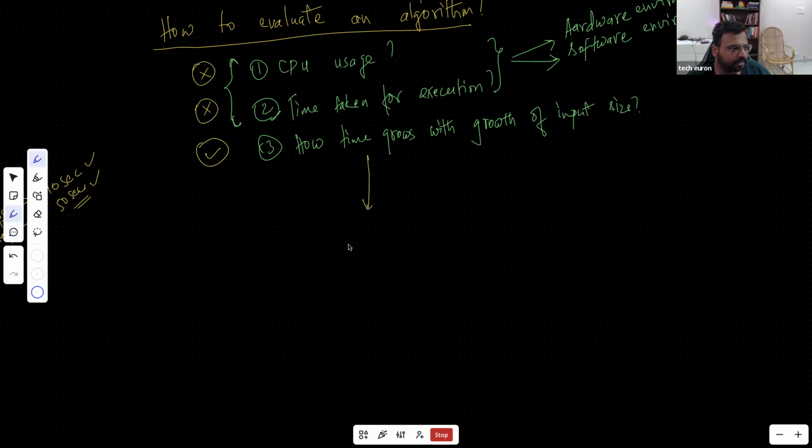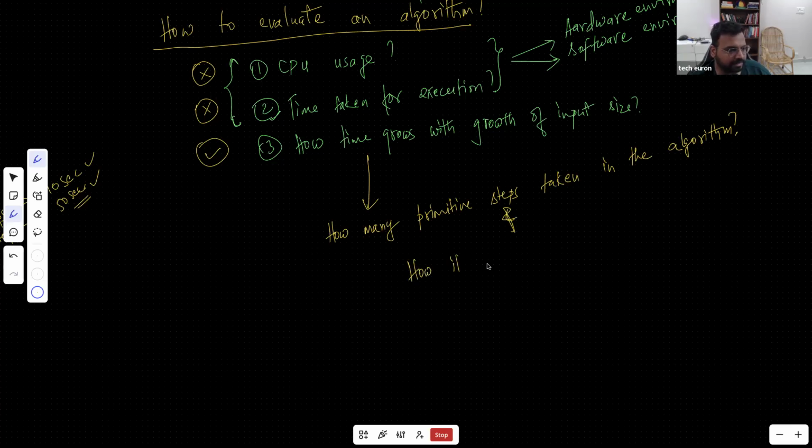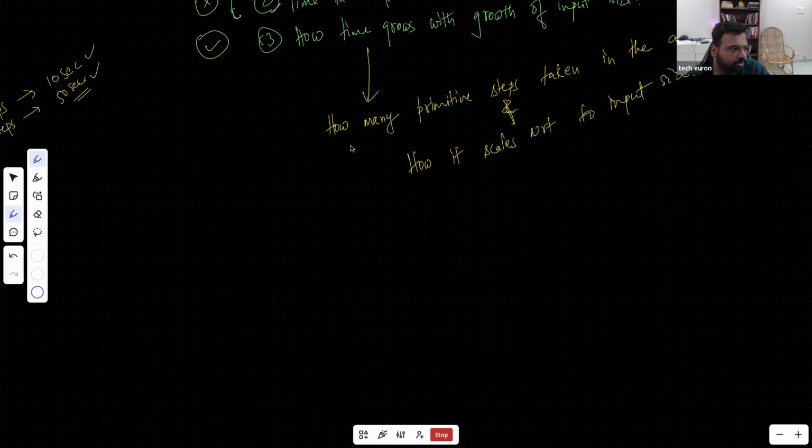We say: how many primitive steps are taken in the algorithm, and how it scales with respect to input. This is how we will say.